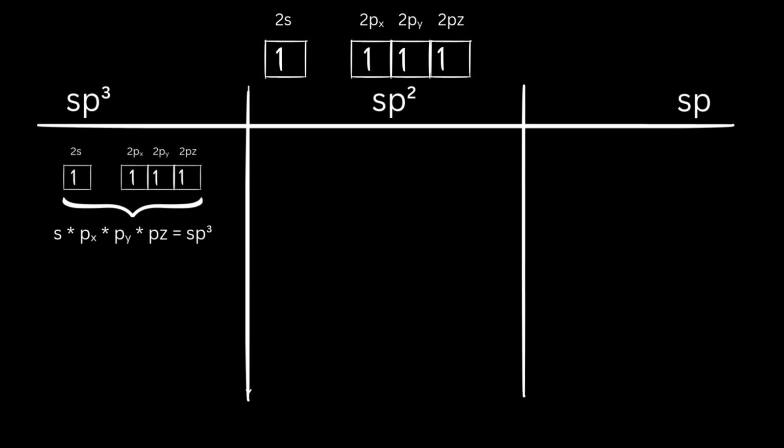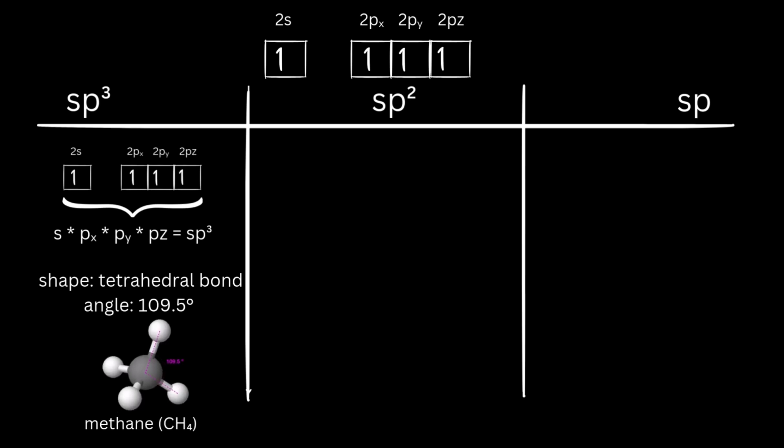And these new orbitals are actually degenerate, meaning they have the same energy. They are arranged in a tetrahedral shape with a bond angle of 109.5 degrees. And this allows carbon to form 4 sigma bonds, as seen in methane.